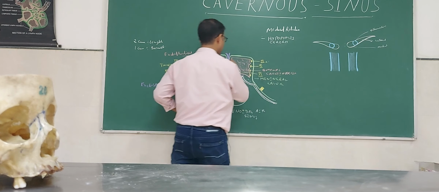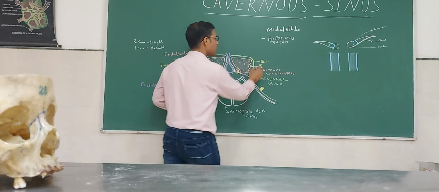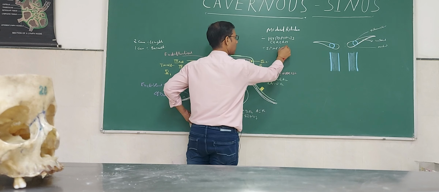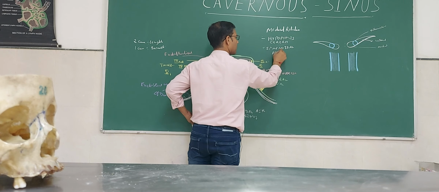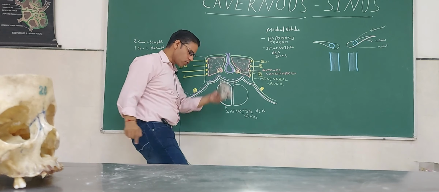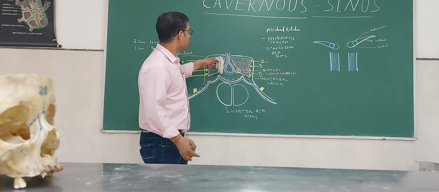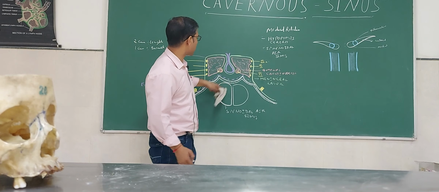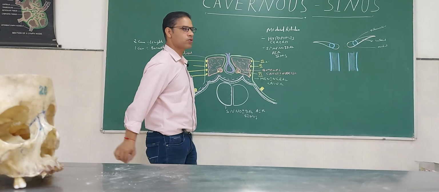Hypophysis cerebri is lying here, and underneath this one there is the sphenoidal air sinus, which is about to go downward. The structure lying in the medial wall of this cavernous sinus is the hypophysis cerebri, this one, and the sphenoidal air sinus going downward.